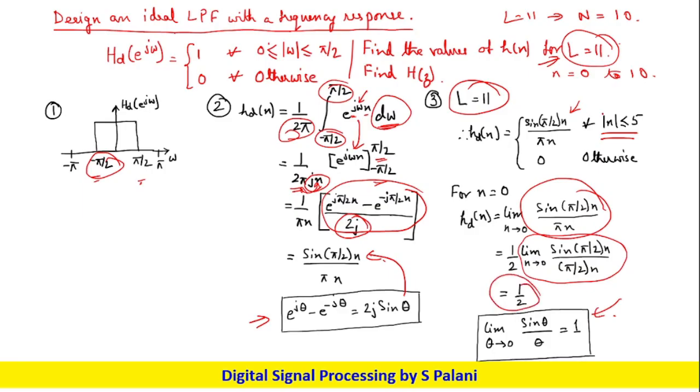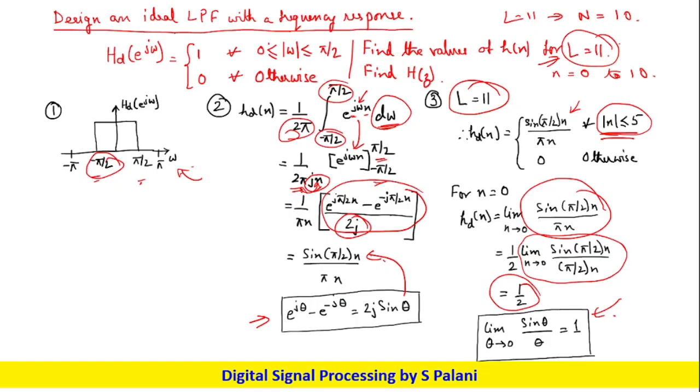Another important thing over here, we have said that small n is less than or equal to 5. Why has this happened? Modulus of n is given. That means there are negative values. Since we are working in the negative frequency domain itself to start with, here also we are carefully computing this hn value so that we have n values from -5 to +5.